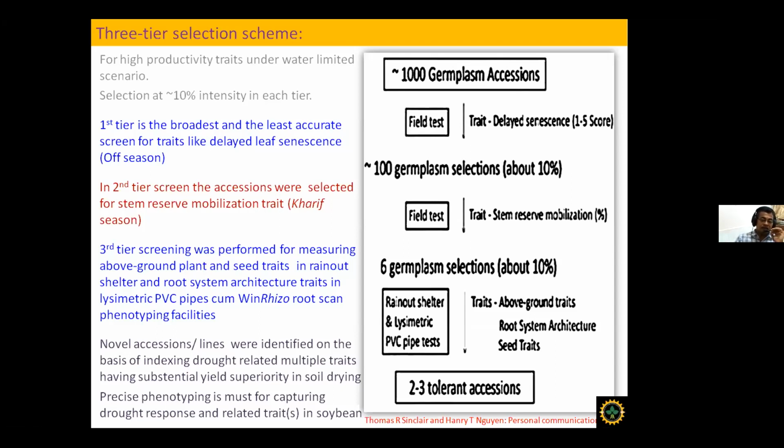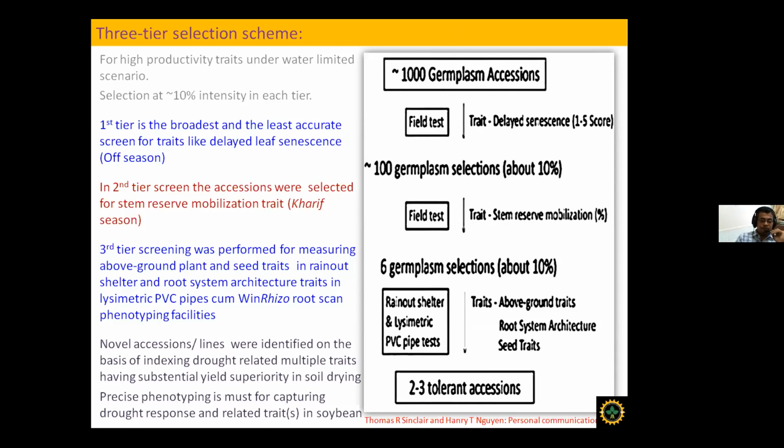In the third tier screening, we go for another 10% of selection, and third tier screening was performed for measuring above-ground plant and seed traits in rainout shelter, and root system architecture traits in lysimetric PVC pipes, with the Rhizovision root scan phenotyping facility.